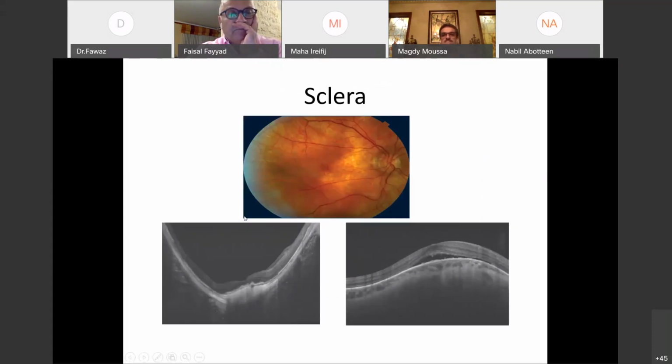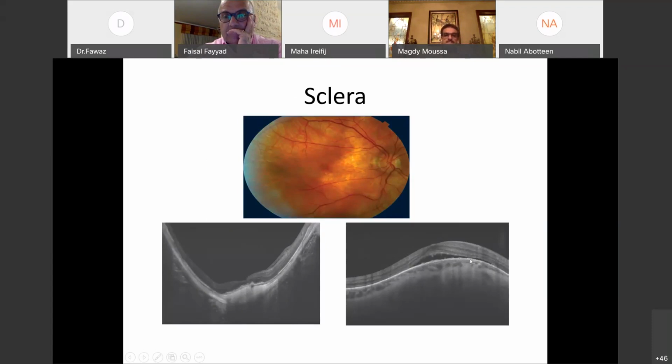Now, after the choroid, I want to give two comments about the sclera. We have two findings in the sclera: the staphyloma, which is usually found in patients with high myopia, and usually when we look at the OCT, we find it like a V shape. And the dome-shaped macula, which is the inward invagination of the sclera. Why is this sign so important?